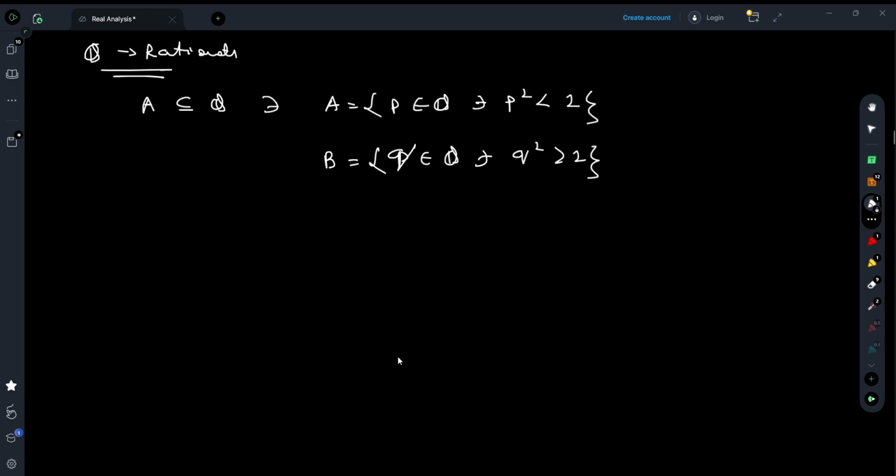What we actually try to do here is that we will show that A contains no largest number and B contains no smallest number.